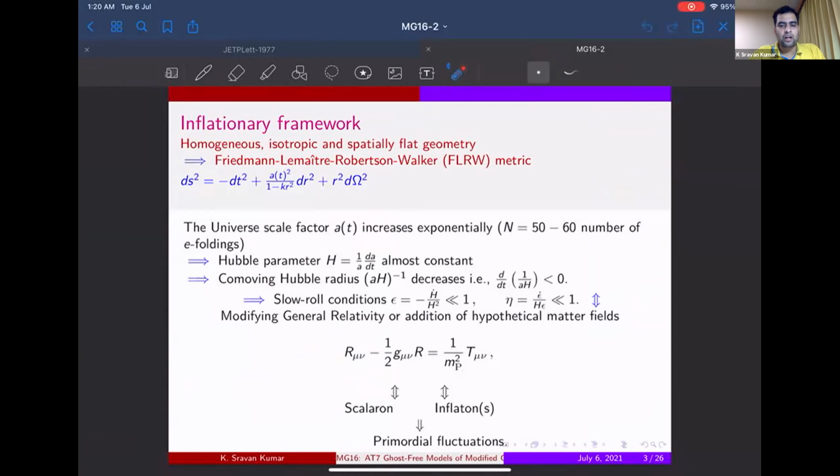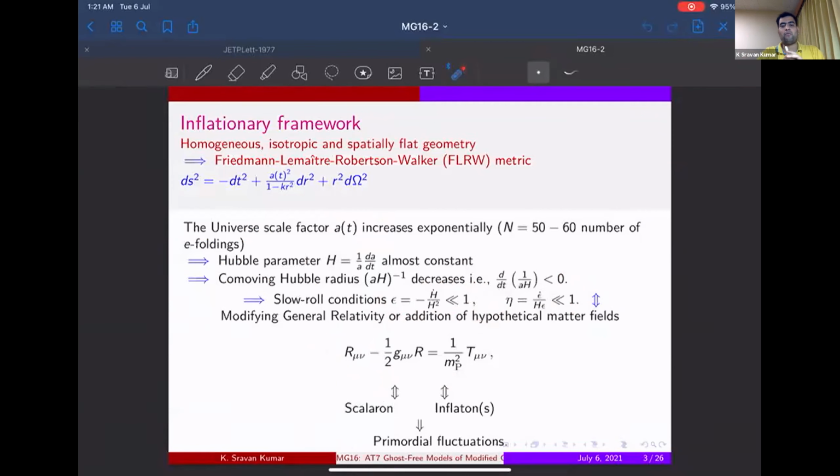Briefly, how does it work? Inflation is nothing but quasi de Sitter expansion. This can be expressed in terms of the well-known slow roll parameters. We have perfect de Sitter, and there is a departure from de Sitter. This is roughly the inflationary framework, and it solves several puzzles of the standard Big Bang cosmology. To implement inflation, there are 2 ways.